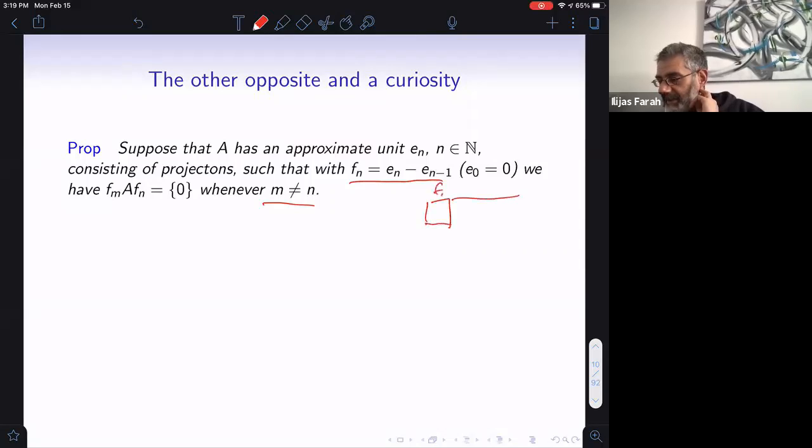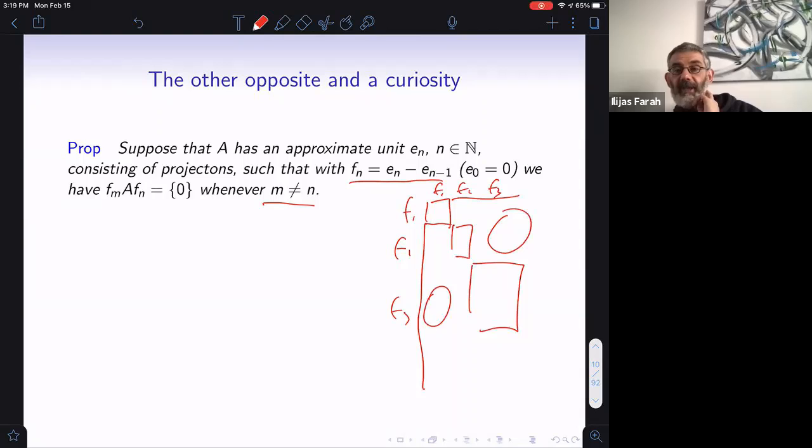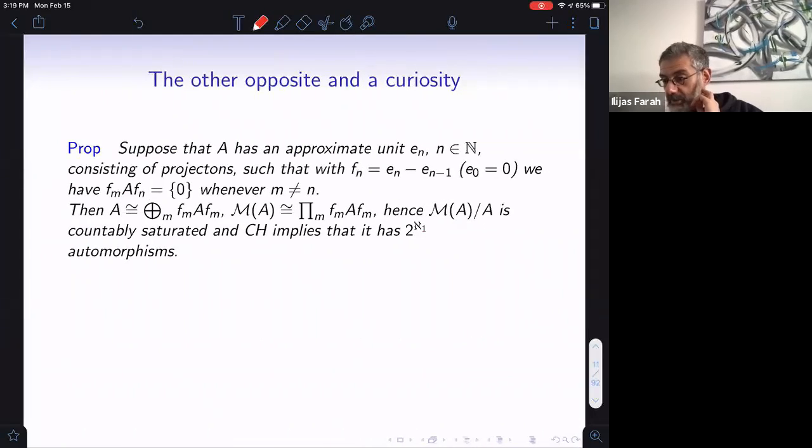If I look at F1 here, F2 here, F3 here, and so on, all the elements of A look like that, so they all have zeros off the diagonal, which means that our algebra really looks like a direct sum of these unital algebras. So A is a direct sum of these corners, Fm A Fm. The multiplier algebra is the product of those. Fm's are projections, and what that means is that the corona is countably saturated.